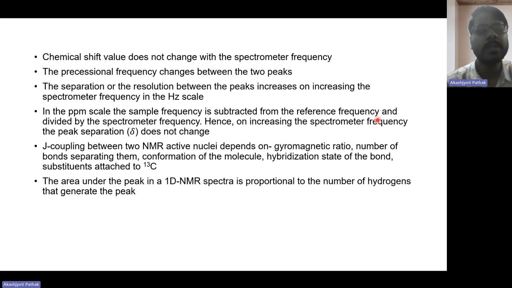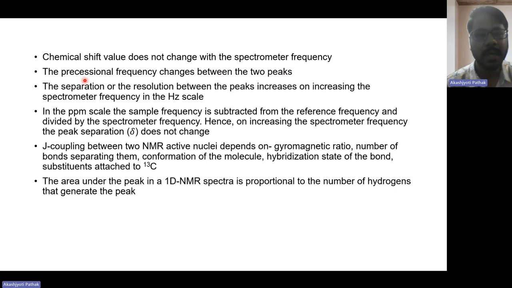We had discussed these concepts, so we will not go into much detail again. The important point we will discuss today is that the chemical shift value does not change with the spectrometer frequency.